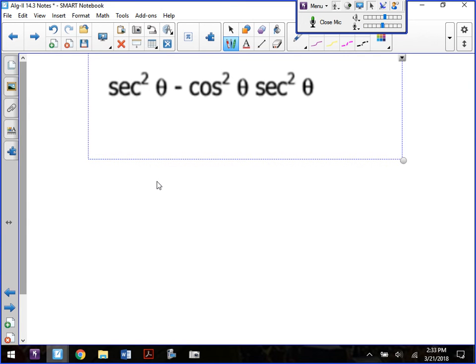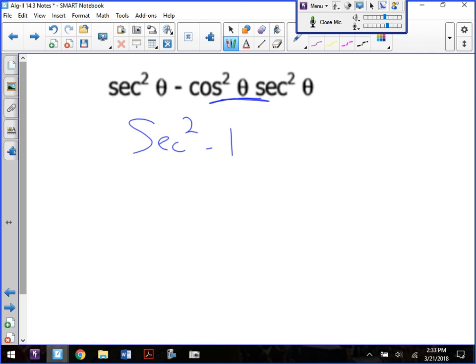Well, if I change it to cosine, I get secant squared. Well, wait a second. Before I do that, aren't these two reciprocals of one another? Aren't those reciprocal properties? What happens when you multiply reciprocals together? It goes to 1. What's secant squared minus 1?